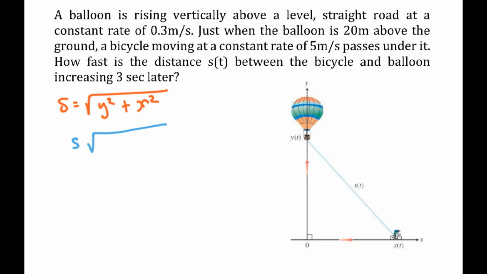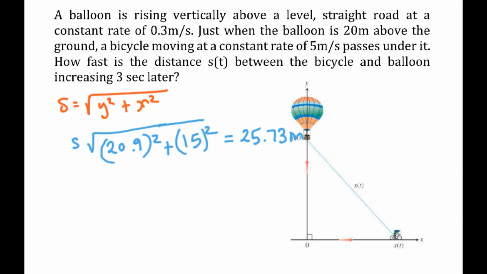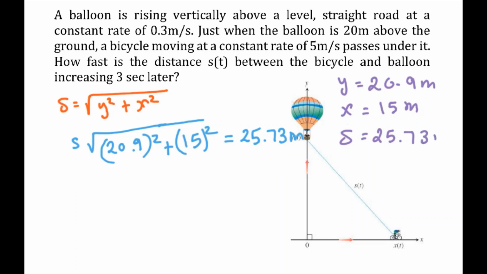Y squared is 20.9 squared plus x is 15 squared. That's going to be equal to 25.73 meters. So let's put them here all together. So y is 20.9 meters, x is 15 meters, and s is now equal 25.73 meters.